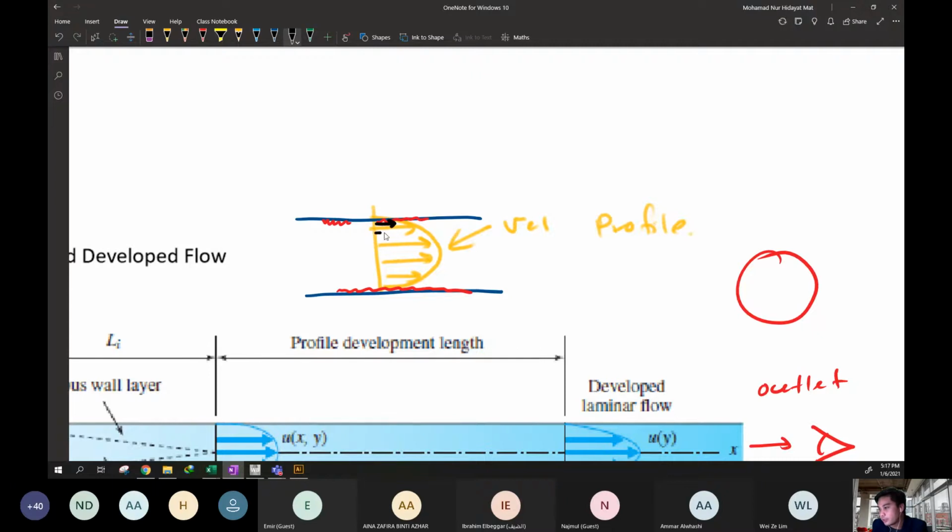Away from the wall, the velocity is quite large until at the center we call it the maximum velocity. When the velocity approaches the wall, due to the viscosity effect that will hinder the flow, and we have the friction factor, the velocity near the wall is almost zero. That is why we have the connecting dot here.